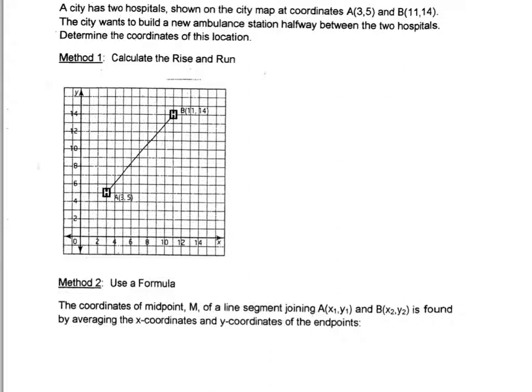The way that you could calculate it using the graph is by figuring out the rise and the run, and by adding half of the rise and half of the run to the original point A. We talk about midpoint with a capital M, and small m is for slope. Capital M with the subscript x, y are the coordinates of the midpoint.